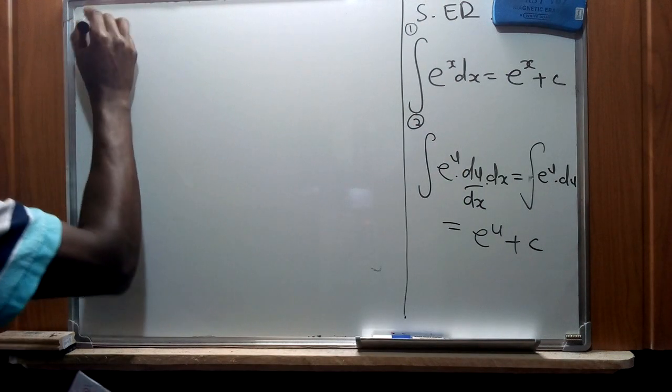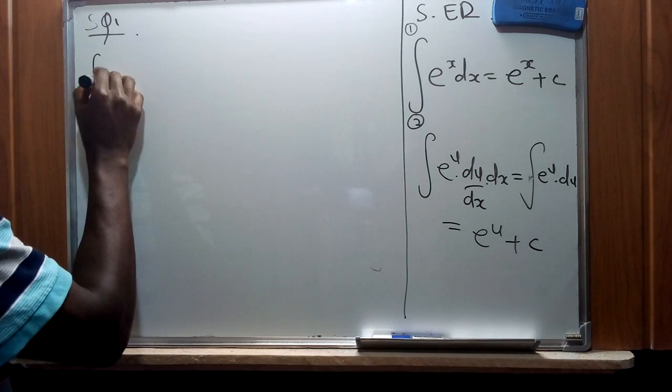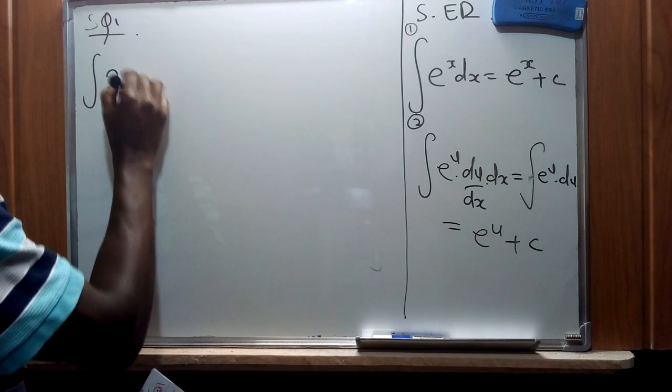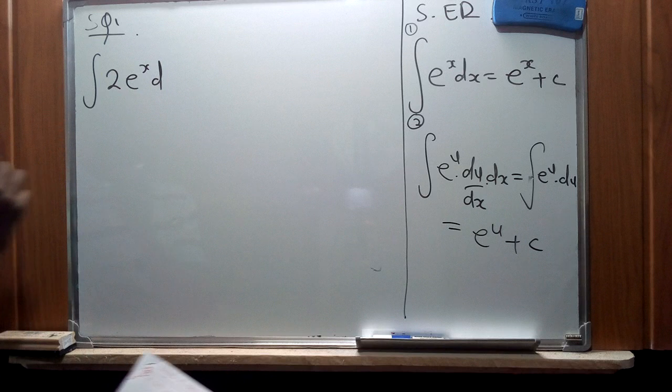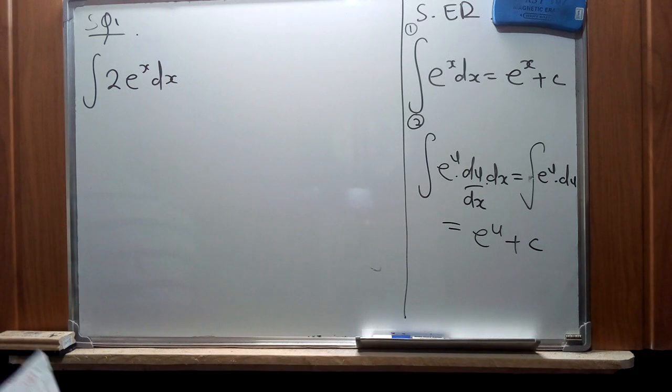I'll start by applying it in sample question 1, where we are required to find the integral of 2e^x dx. In this case we're going to use the first rule, the simple exponential rule.